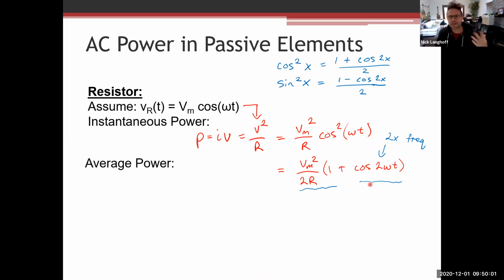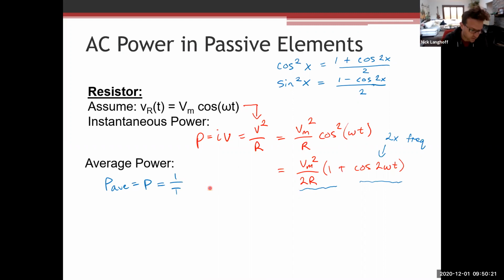So it behooves us to think about, in any of these elements, and we'll start with the resistor, the average power delivered to an element. So the average power, P_av, which we'll define as P, is for any signal.